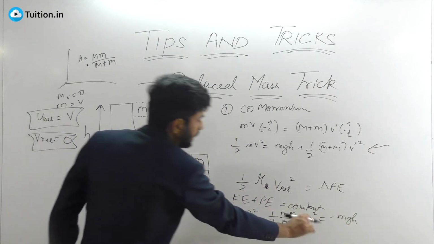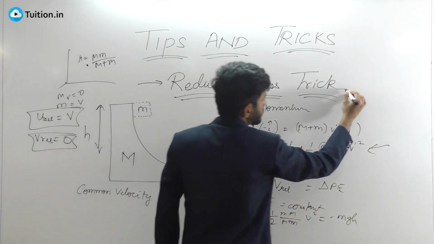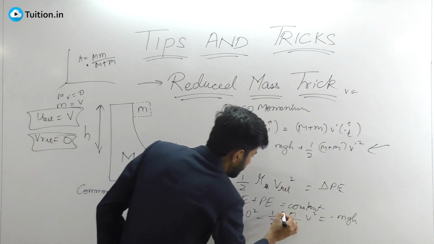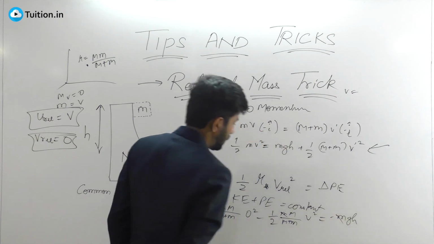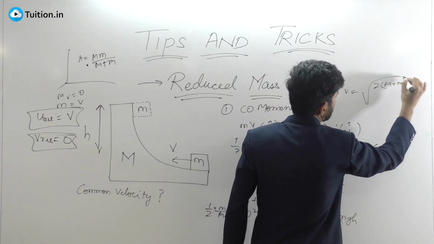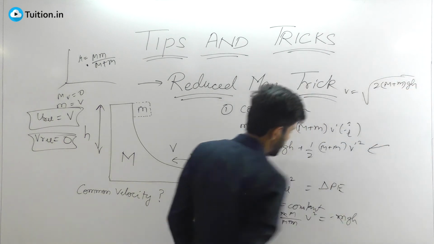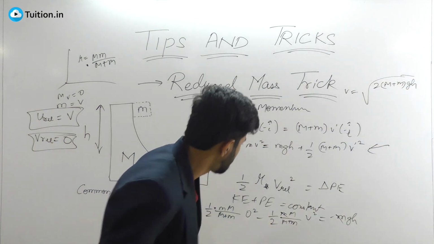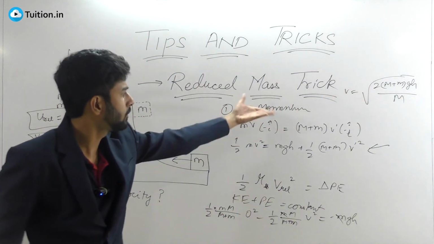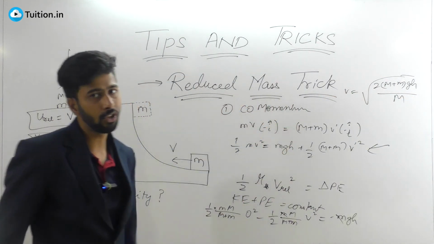So when you solve this, you get v in one step. The m goes away, and you'll have v equals root 2 into (M plus m) gh divided by M. This will be your v, and then you can just put it in the momentum equation to get v dash.